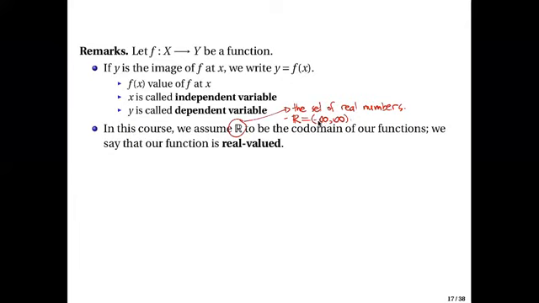So we collect all possible numbers, whether integer, rational, or irrational. We collect all of them. So the function capital F, or the function small f, has codomain the set of real numbers.